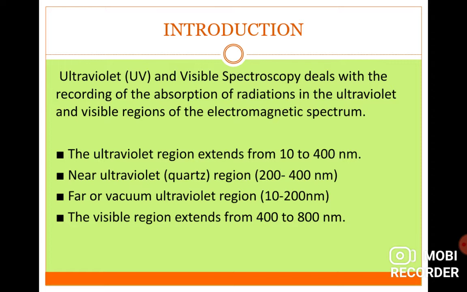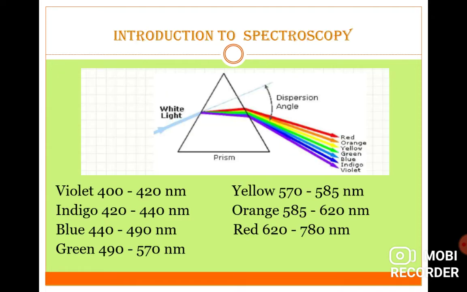So the visible color region extends from 400 to 800 nanometer. Here, with the VIBGYOR pattern, we can say that the color range is absorbed at 400 to 800 nanometer, that is, from 400 to 780 nanometer.